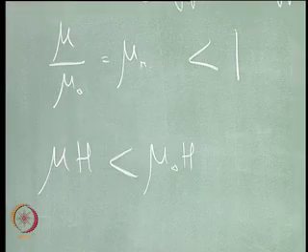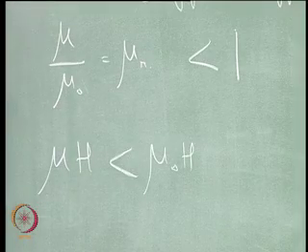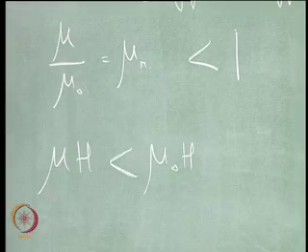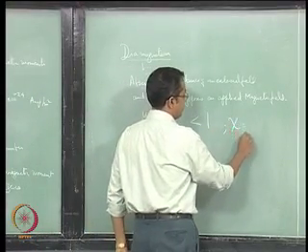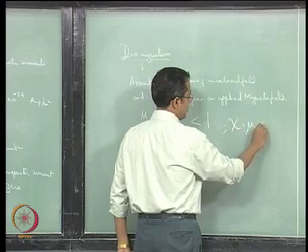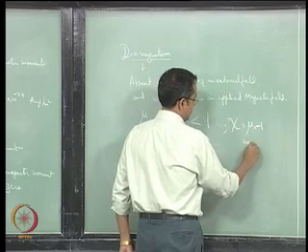So for diamagnetic materials, mu by mu naught is less than 1, mu r is less than 1. And therefore chi, which is mu r minus 1, is negative.